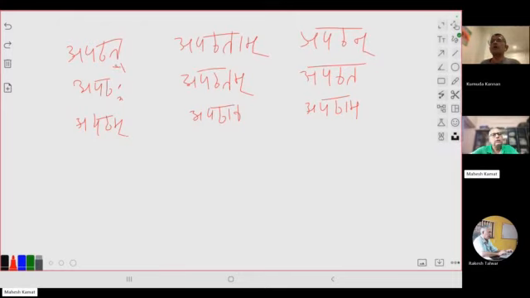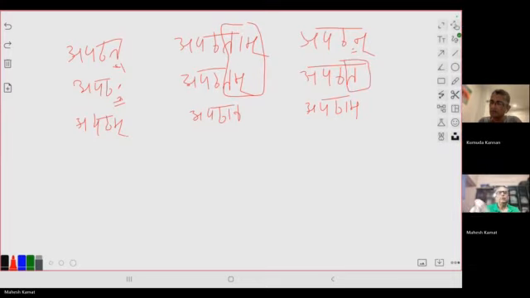Then you have a visarga coming at the madhyama purusha ekavachanam, right? The nakara coming at the prathama purusha bahuvachanam, right? And in this portion, you had the tam, tam, ta. Observe tam, tam, ta.